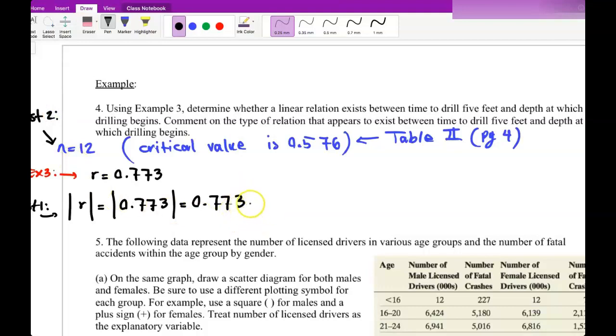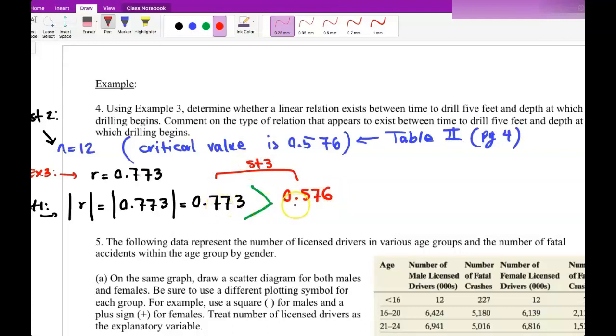And step 3, we should compare this with the critical value. Is this one greater than the critical value? So here this was step 3. This number is greater than the critical value.